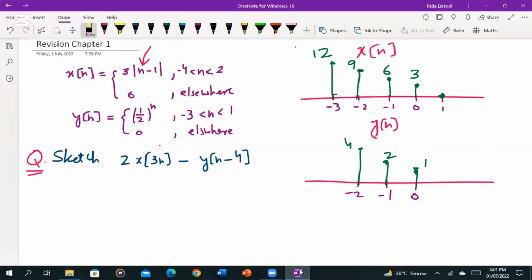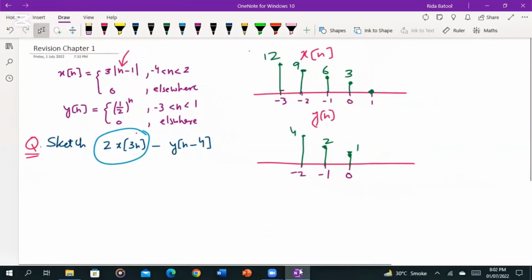Now what we need to do, let's sketch this part first. Now let's sketch this part. Look, x3 of n, we are sketching x3 of n.